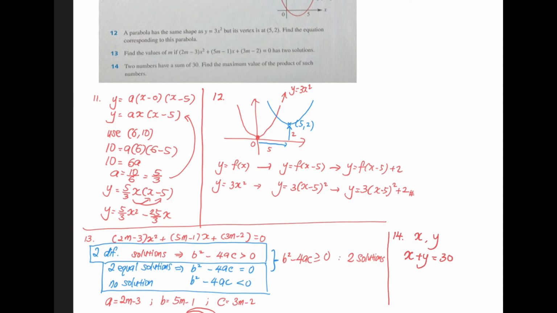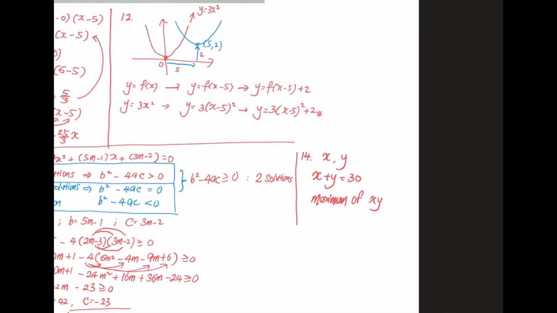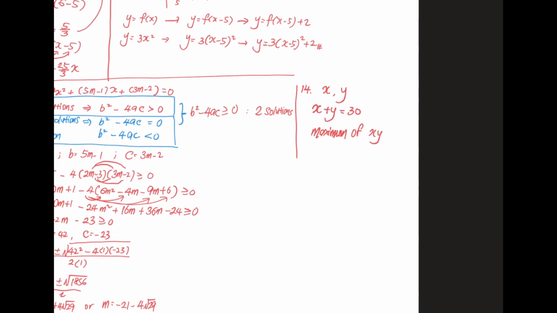And then find the maximum value of the product of such numbers. That means we want to find the maximum of xy, the product of such numbers, so we have to times them. Find the maximum of xy. What we need to do is use the first equation here.